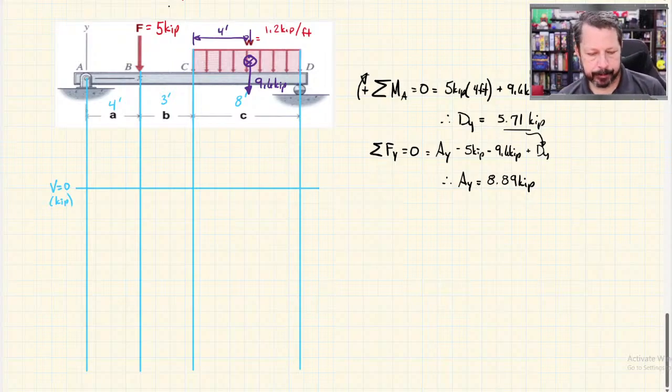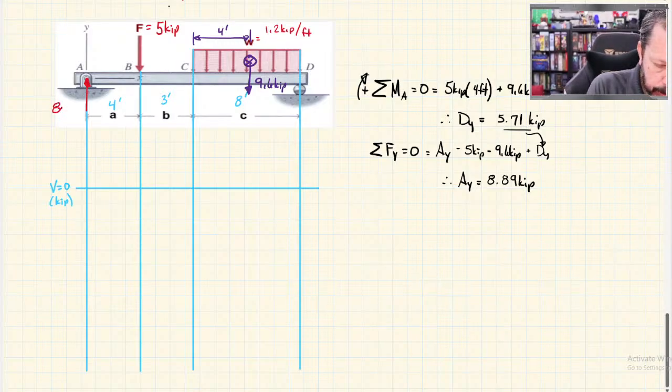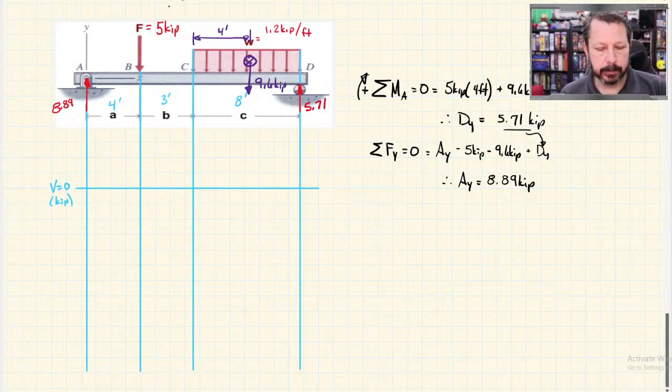And then maybe I should draw the AY and DY on here. So just know that these are not additional forces to the reactions. These are the reactions. So AY was 8.89 and DY was 5.71. Okay.